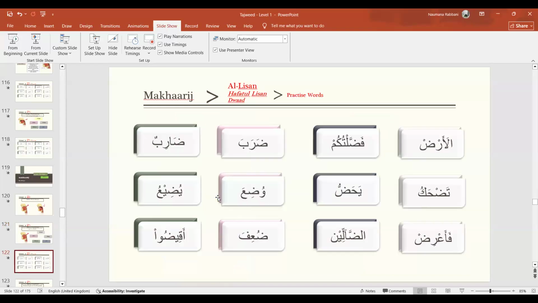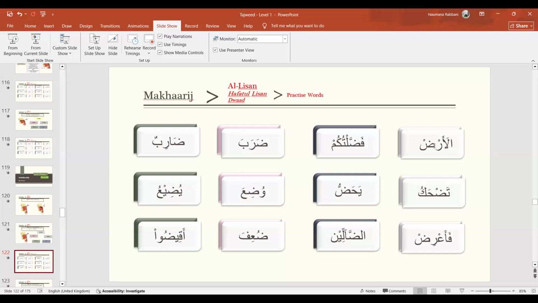Another thing to be mindful of is not to make a sound coming from the throat, like wad. These are the mustaala mutbaqa letters, with isti'la and itbaq, that we try to push a bit too much, and then we bring our throat into it. The sound is dod, dod, dod. It's not wad. Be mindful of that extra sound coming from the throat.